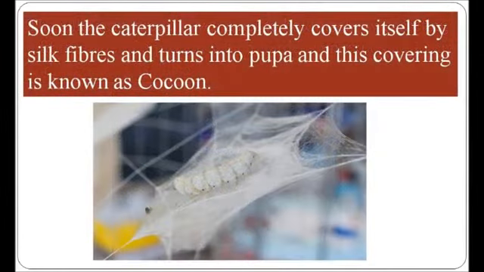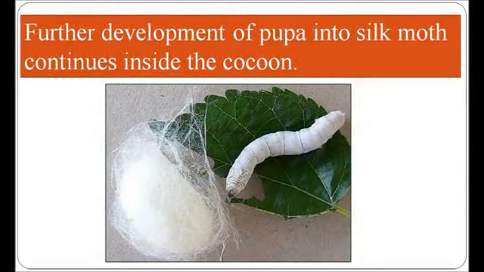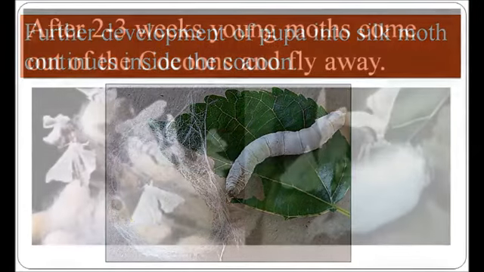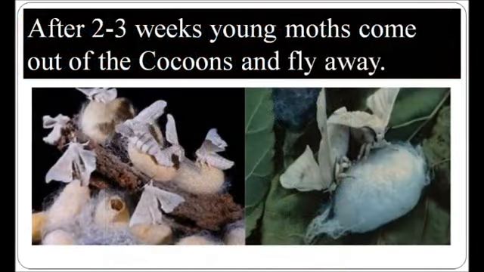Soon, the caterpillar completely covers itself by silk fibers and turns into pupa, and this covering is known as cocoon. Further development of pupa into silk moth continues inside the cocoon. After 2 to 3 weeks, young moths come out of the cocoons and fly away.